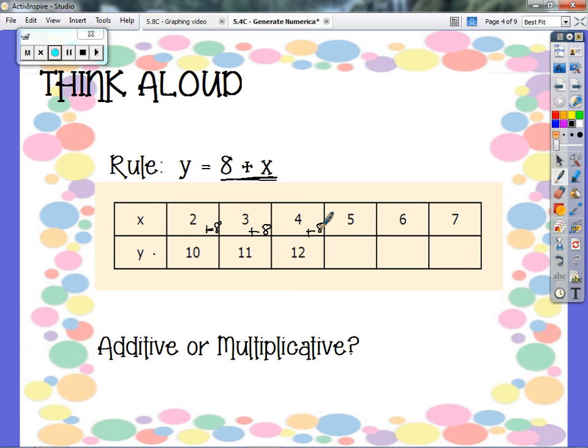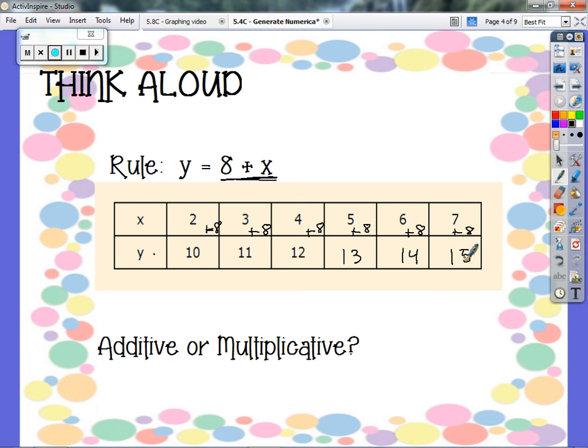That gives me 12. 5 plus 8. So in order to fill in the rest of the input-output table, we're going to use the same strategy. And 5 plus 8 gives us 13. 6 plus 8, that gives us 14. 7 plus 8, that gives us 15.